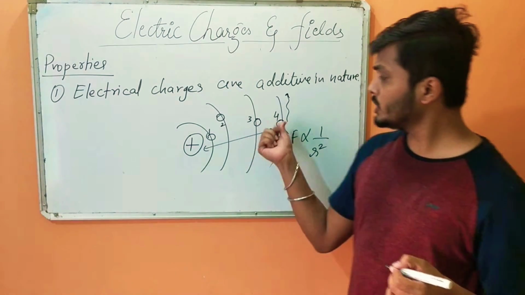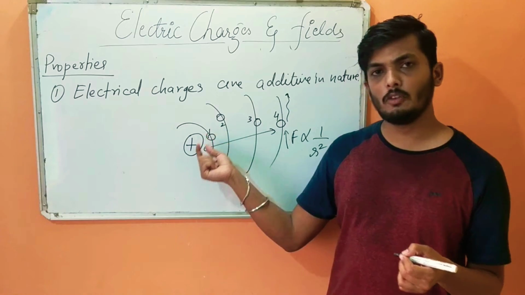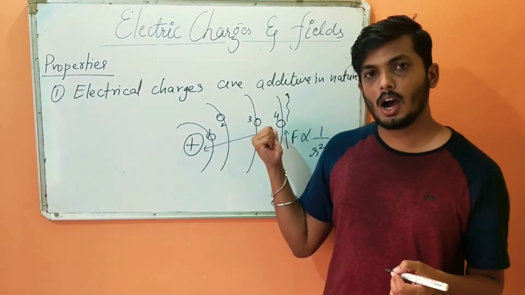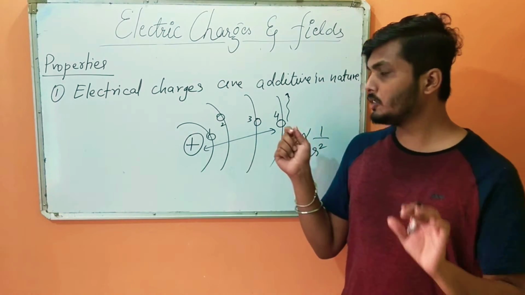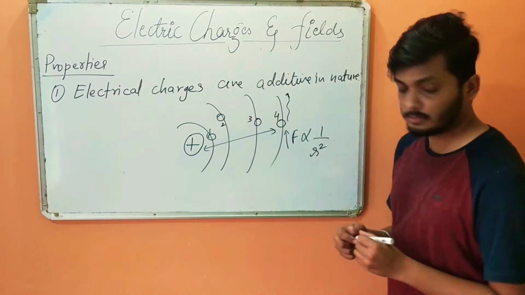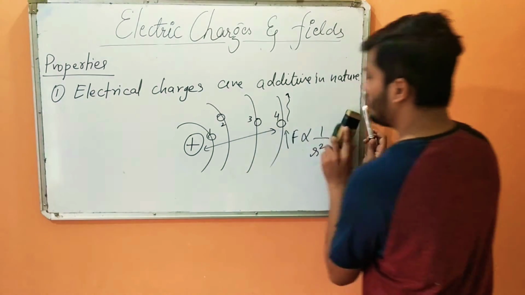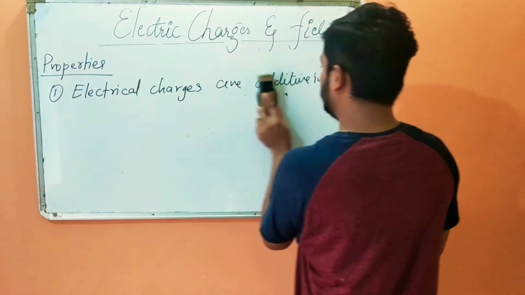The electrons present in the outermost shell of an atom are always preferred to generate current, and these are called valence electrons, or free electrons. So we are giving more focus to the electron rather than any other charged particle.